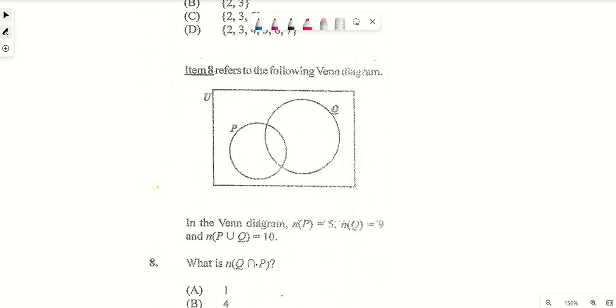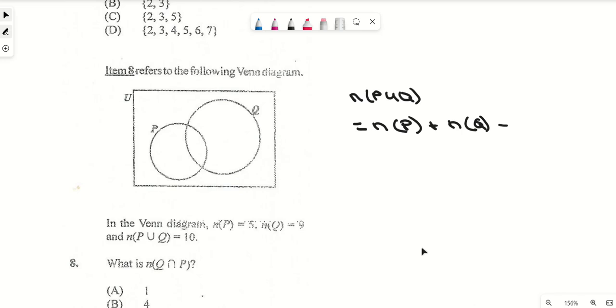The number of elements for P union Q, or any union of two sets, is equal to the number of elements in the first set, P, plus the number of elements in Q, minus the intersection of P intersect Q.